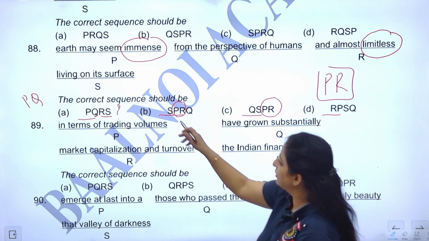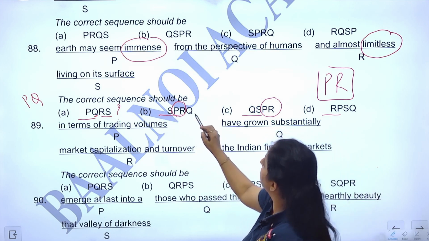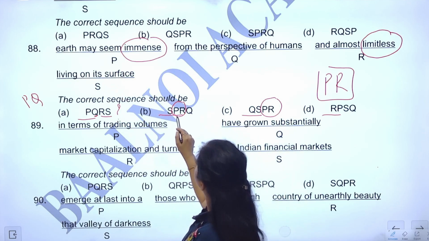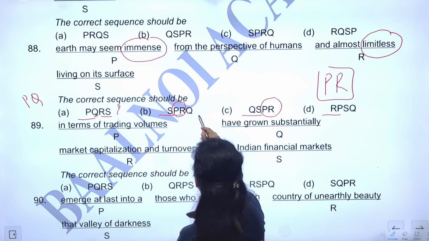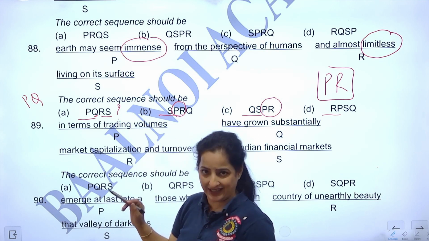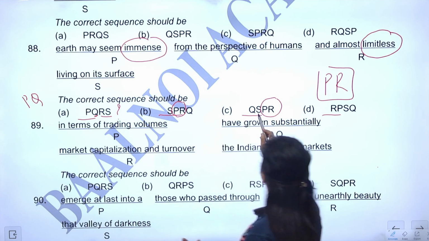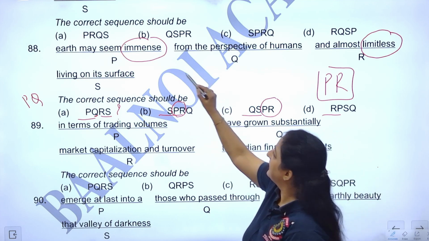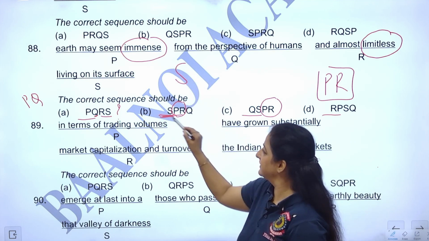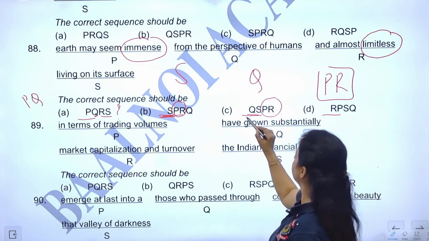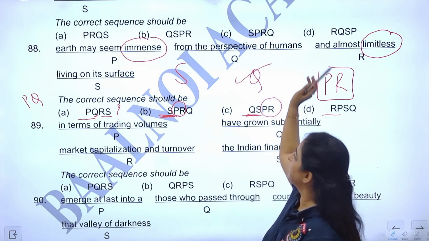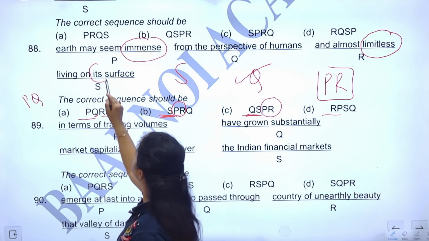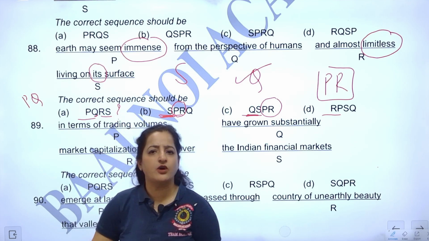Okay, let's go read Bravo. SPQR. Living on Earth may seem immense and limitless from the perspective of humans. Okay, not bad at all. Let's see this. Earth may seem immense. Now, if you compare that, should I begin with S or should I begin with Q? This one. This obviously makes more sense. If you begin this way, living on its surface, ये एक pronoun है, yeah.